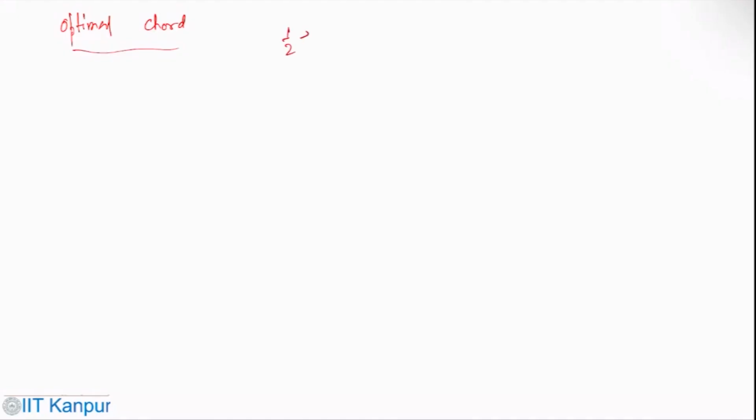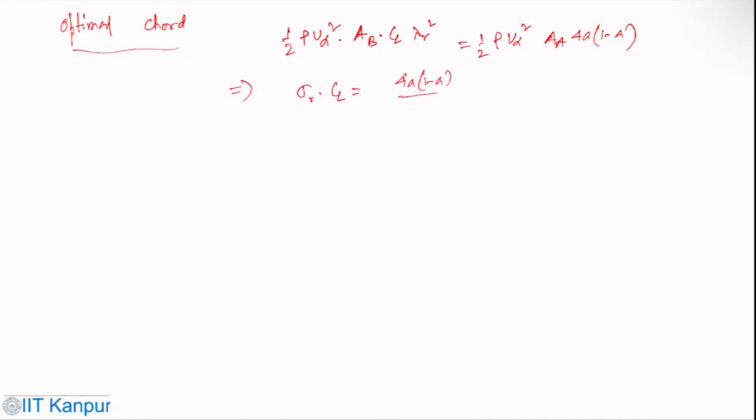So half rho U infinity square AB into CL lambda r square equals rho U infinity square 4a(1 minus a). We get sigma r CL lambda r square equals 1 by lambda r square, where a equals to 1 by 3, which is optimal. Okay.